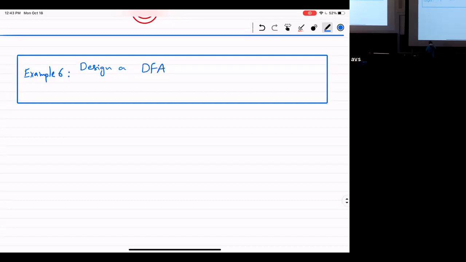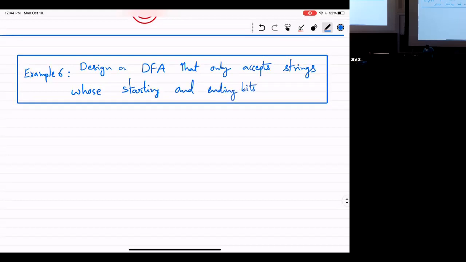So I want you to design a DFA that only accepts strings whose starting and ending bits are the same.